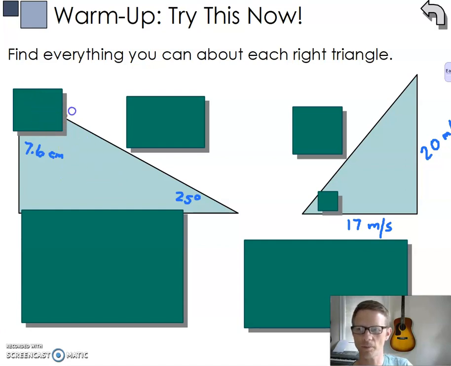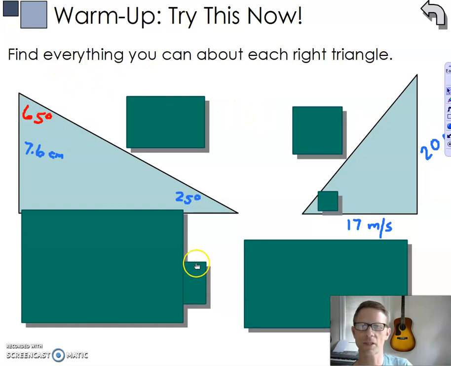So what you should be able to get here, this part is really easy. You just know that those two angles are complementary. And this reveals itself to be 65 degrees. This part, I'm not so sure yet.